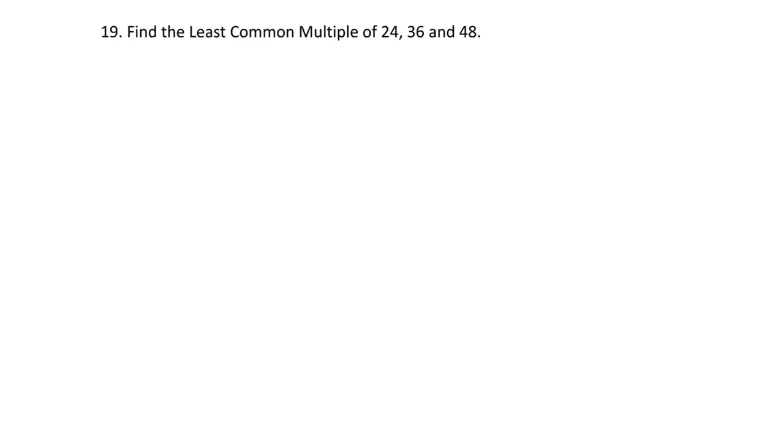Question number 19. Find the least common multiple of 24, 36, and 48. Okay, so for this one, let us prepare a table, and then we are going to list our numbers. So we have been given 24, 36, and 48. Okay, so next we are going to ask ourselves what is the lowest number which can divide either of these numbers.